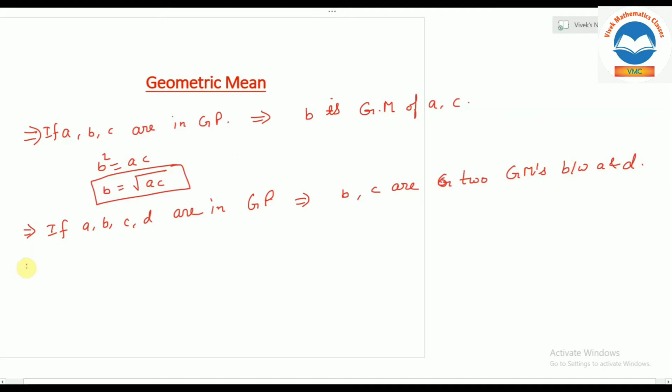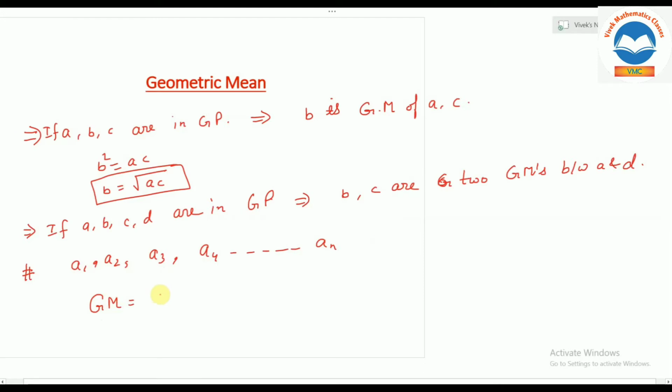And if you are given n positive numbers like A1, A2, A3, A4 up to An, and we need to find the geometric mean of all these numbers, what will it be?